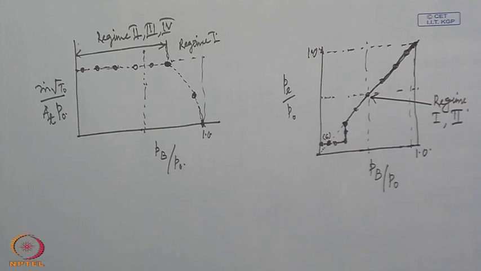So, this is a typical variation of back pressure and exit pressure relationship, and we will continue further discussion on converging diverging nozzle and its possible use as a supersonic wind tunnel in our next lecture.